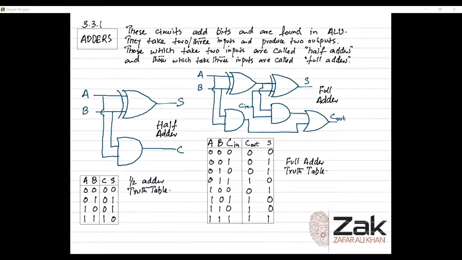How would you then recognize them besides having two outputs? By looking at their names. The outputs should be S for sum and C for carry. So if there are two outputs of any circuit with S and C as their names, they are certainly adders. All right, so I hope that I have made you understand this.